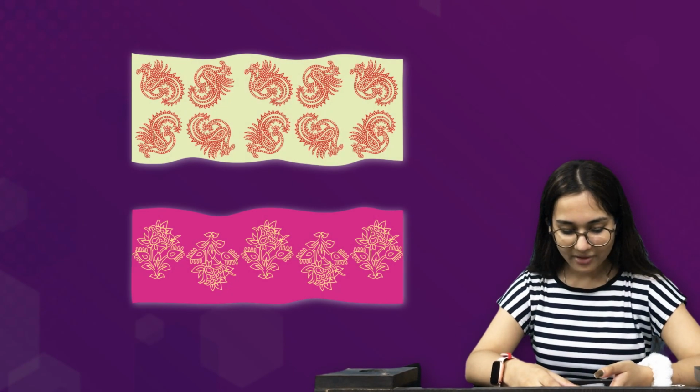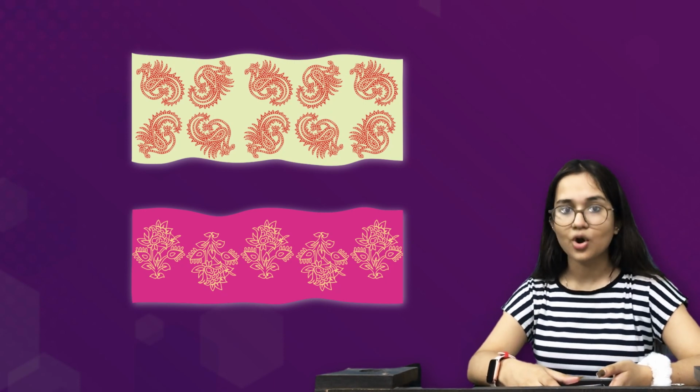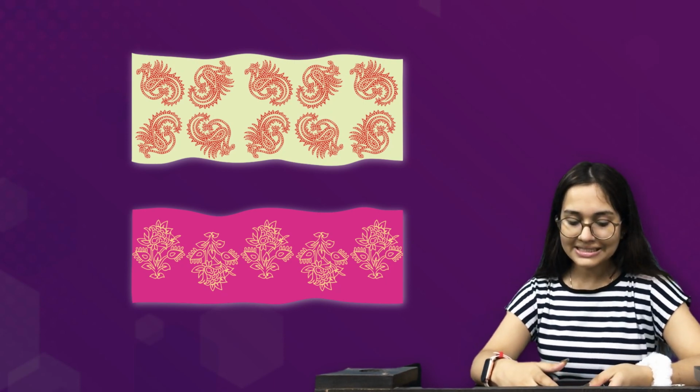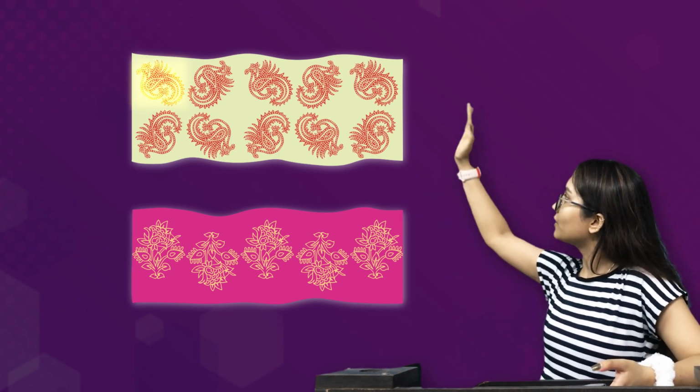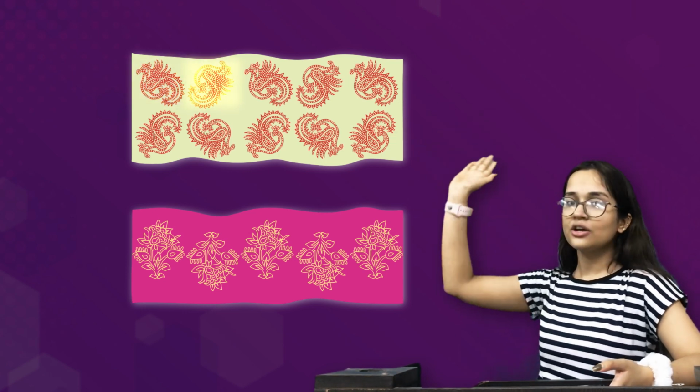So can we have a pattern in the way each block is repeated? When we clearly see the pattern above, we can see that first the block is kept turned towards this side and then towards the opposite side. So this is the pattern being followed. In such ways you can also try your own block printing, use the block in different ways and then look at the pattern you follow.